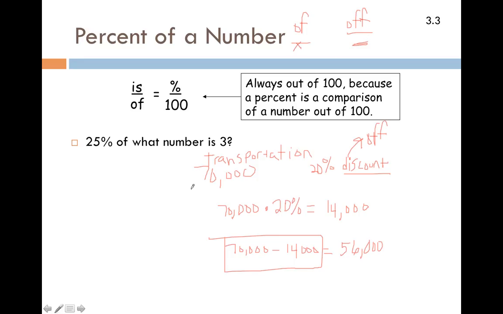Now from here, we're going to do it a different way. If you're getting 20% off, that means out of 100%, we're going to subtract 20%.